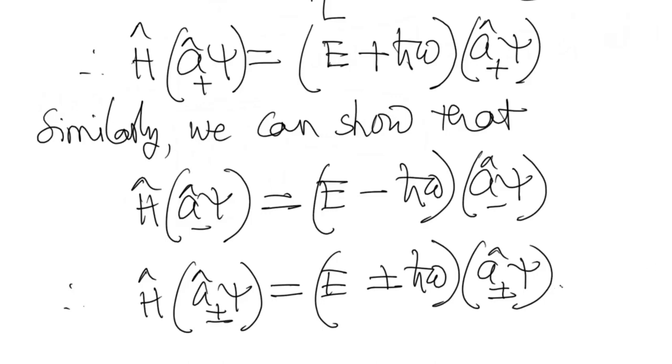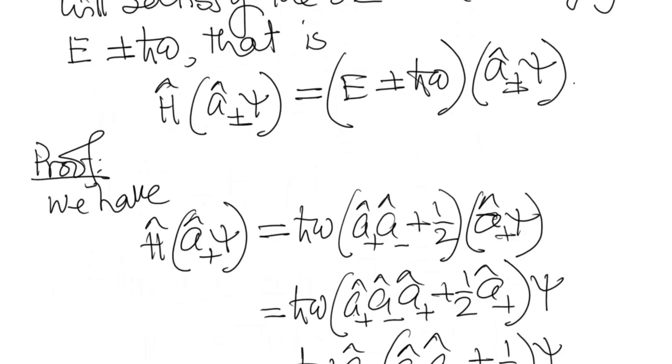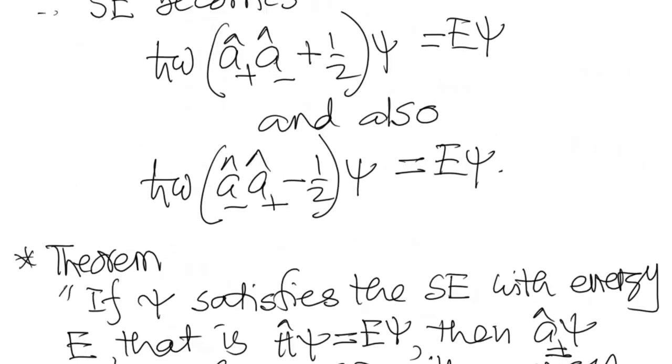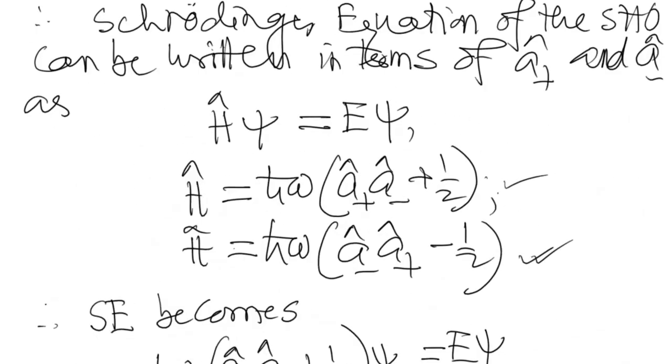Okay, now it can be further shown that if we operate on the wave function psi again and again, then the energy of the simple harmonic oscillator will decrease each time by h cut omega and will continue.